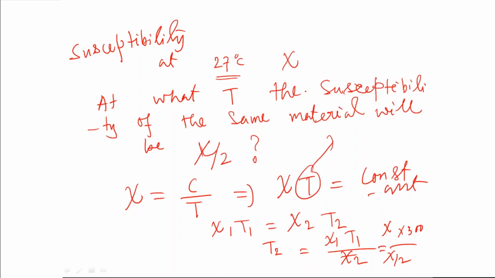Here chi2 is chi by 2, and this temperature is 27 degree centigrade, so it is actually 300 Kelvin.